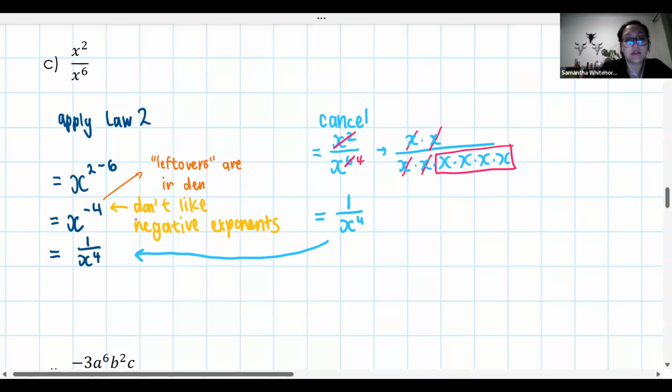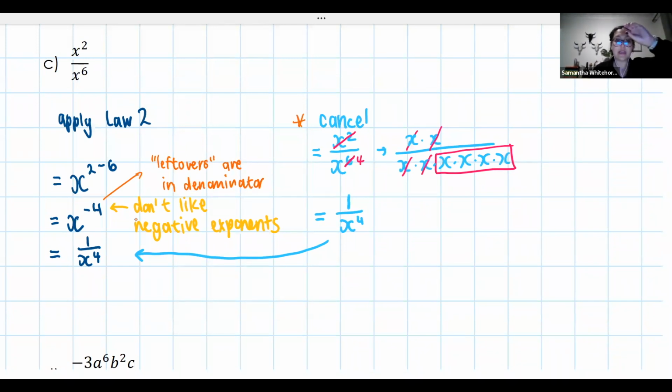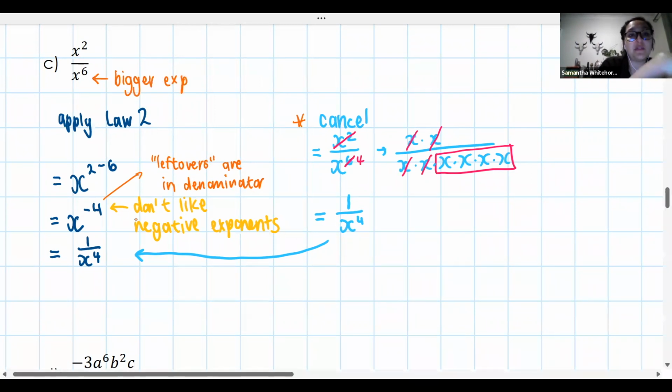And that's where I need to write it with a positive exponent. Now we can see that that's true through my canceling method. I canceled the 2 x's at the top with 2 x's at the bottom, and I was left with 4. My leftovers were in the denominator. I also know that's true because my bigger exponent is in the denominator, which means that my leftovers must go where the bigger exponent was, in the denominator.